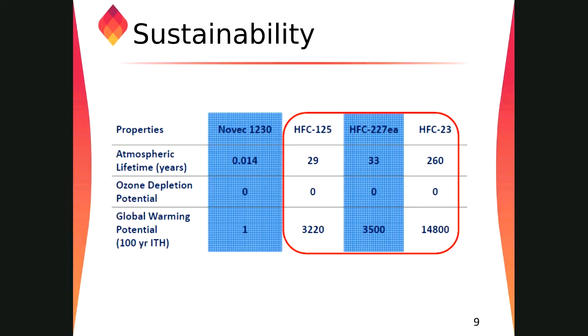FM200 came first, and after some years a new company made the Novec 1230. That is cleaner than the FM200 in terms of global warming potential and ODP. Other function is the same. These two gases are clean agent gases, but the Novec is a little better than FM200, a little bit costly also at the same time.